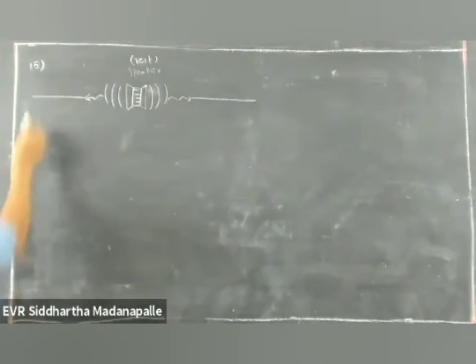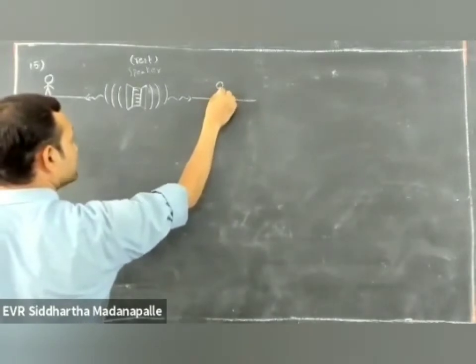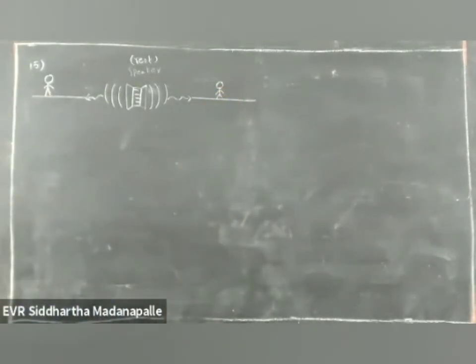Let us consider he is the first observer and he is the second observer. Two observers.